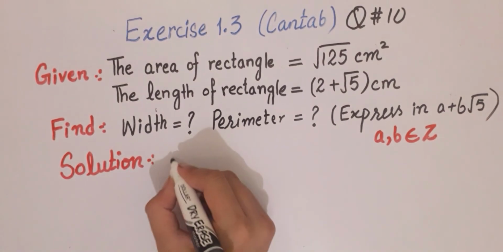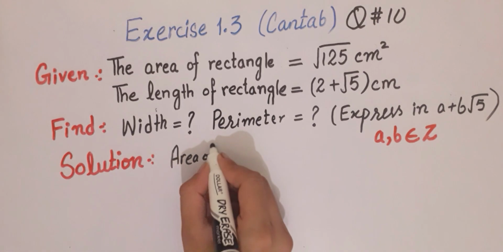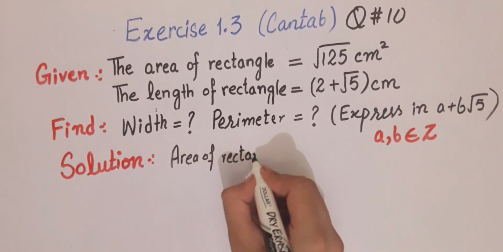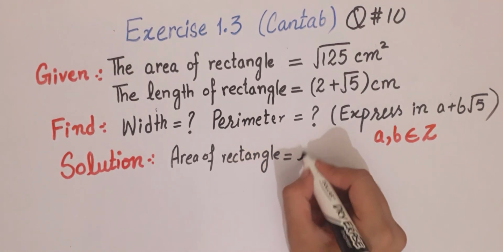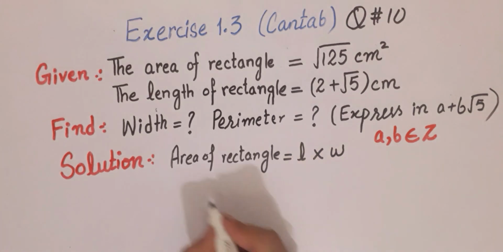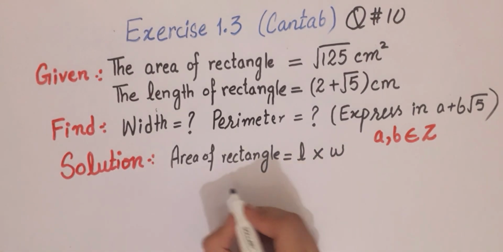Now, area of rectangle is equal to length multiplied by width. So we have to find w.